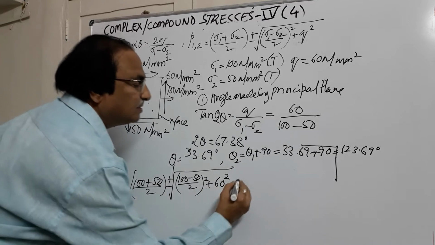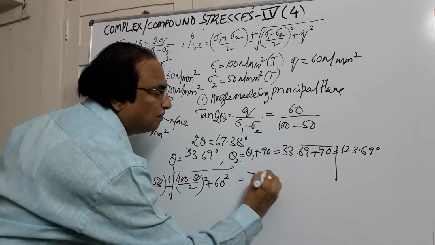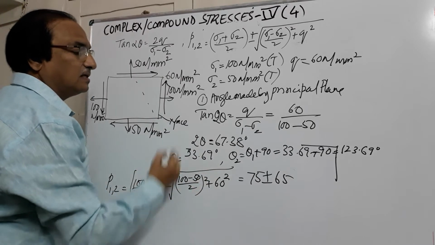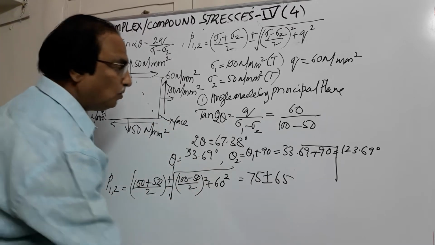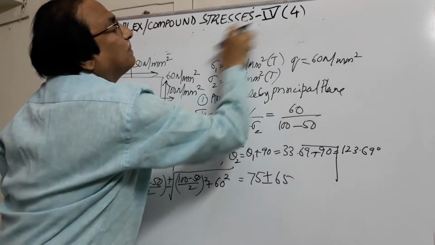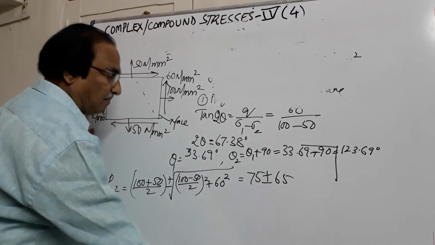If you simplify this, you get 75 plus or minus 65. So this part is 75, this part is 65. We have two values, P1 and P2: one with the plus sign, the other with the minus sign.